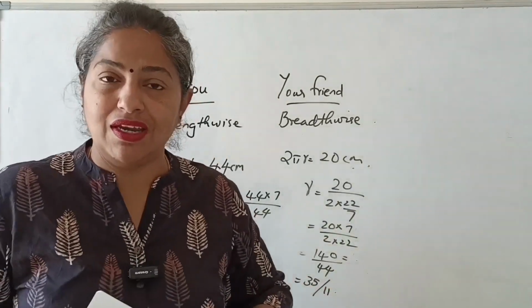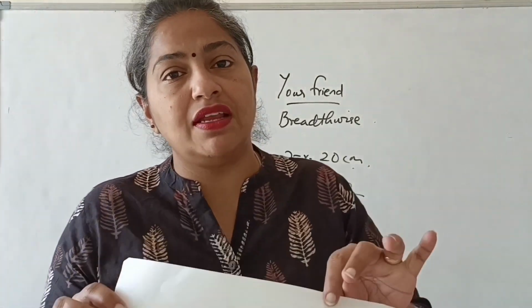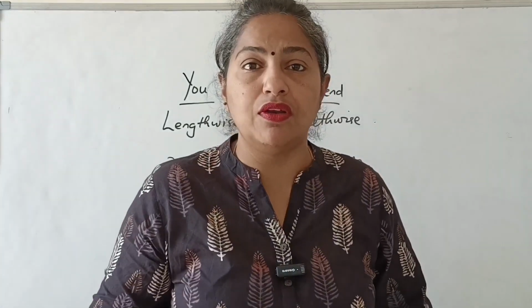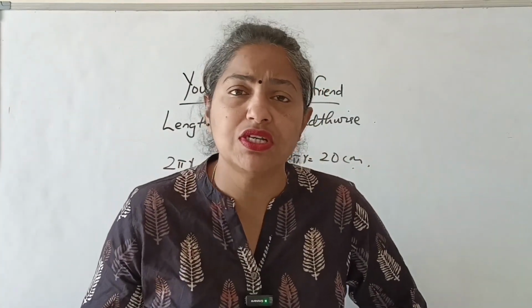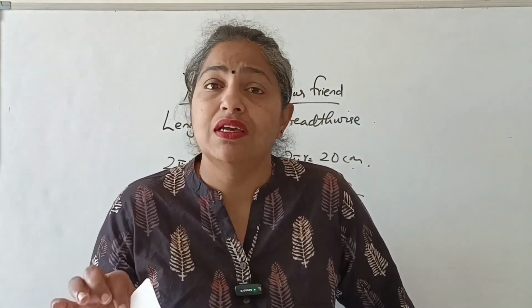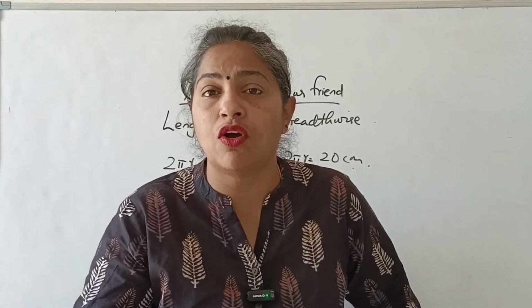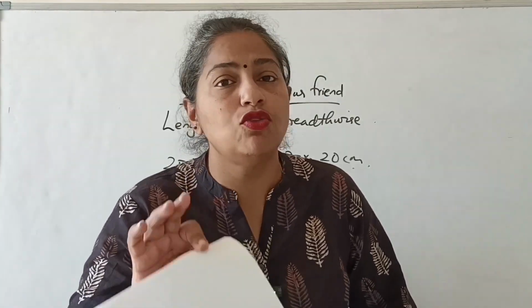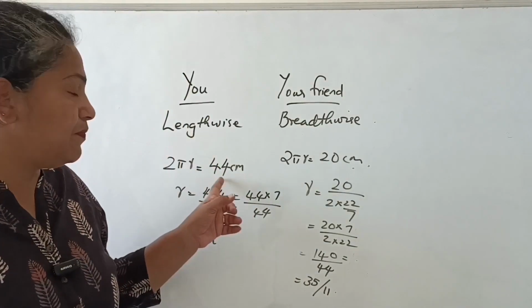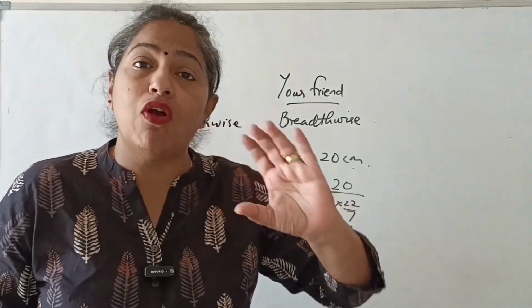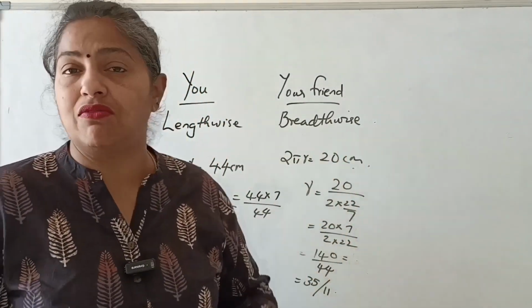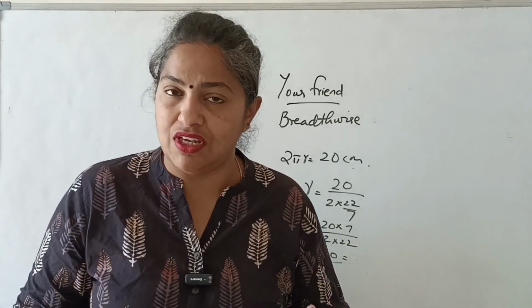So whenever you are given a sum wherein it is said that a rectangular sheet of paper of a particular measurement or dimensions, they will give you the length and the breadth. Is folded lengthwise in order to make a cylinder, please take 2 pi r is equal to length. If they say it is folded breadthwise, then 2 pi r is equal to breadth. So please read the question carefully.